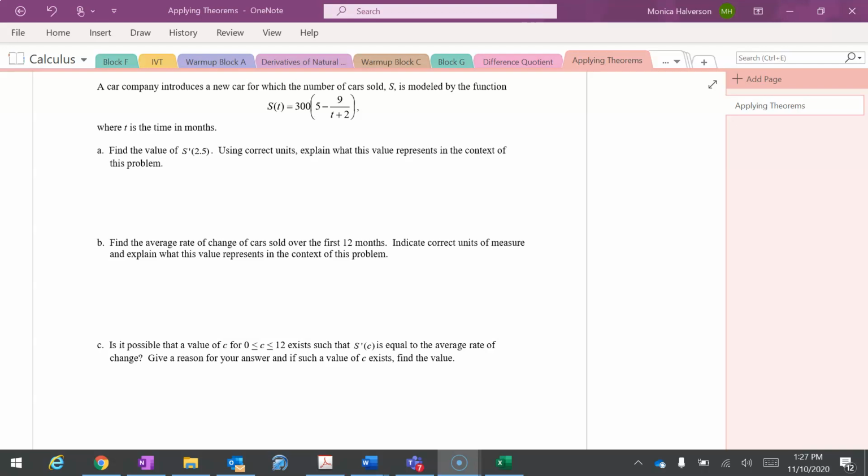Remember, S sub 0 would be your first month, and S sub 12 would be your last. Part C is asking you for a possible value of c such that the first derivative is equal to the average rate of change. Good luck, everybody.